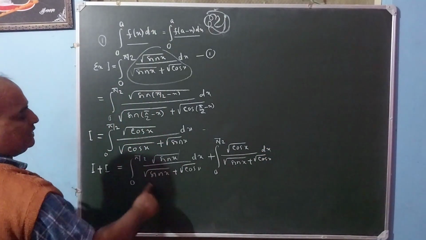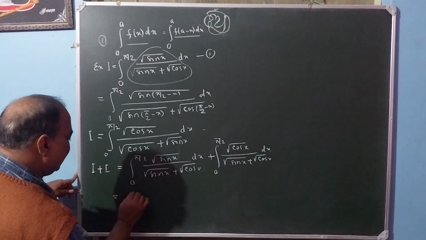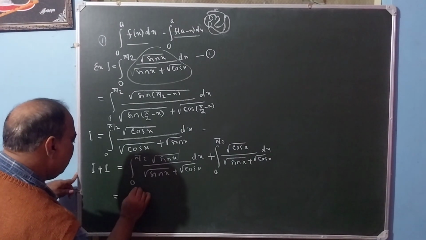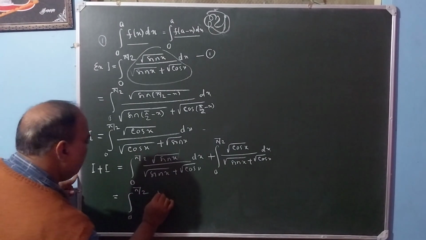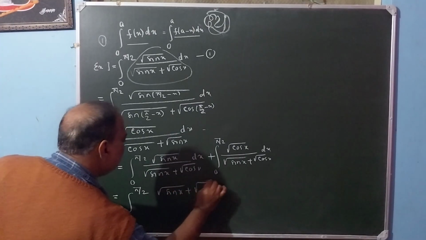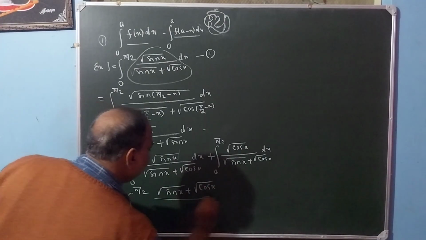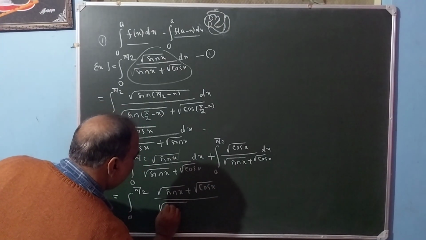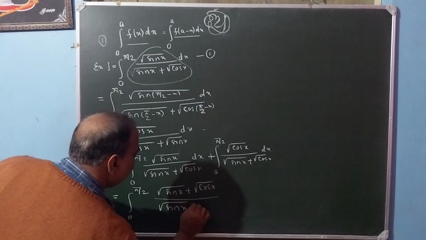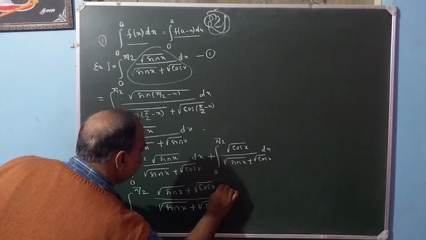The denominator is same, so the numerator will be added. So that can be written as integration of 0 to pi by 2 root over of sin x plus root over of cos x divided by root over of sin x plus root over of cos x dx.